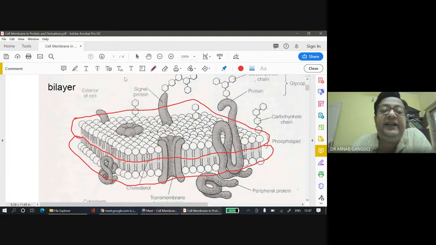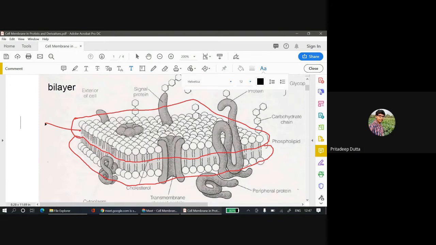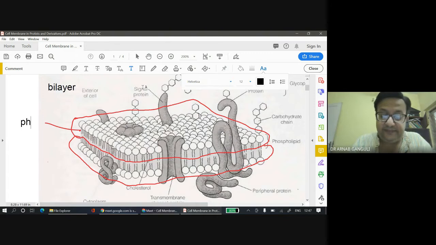So these little tails which you see over here, this is the phospholipid. Exactly. This is the phospholipid layer.